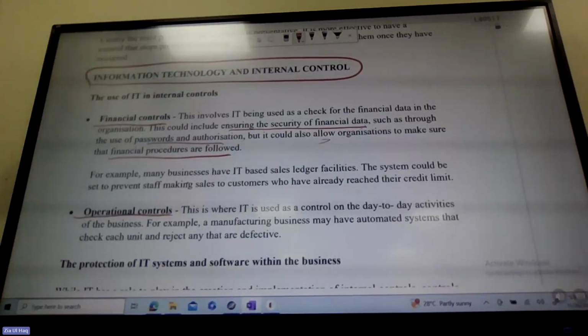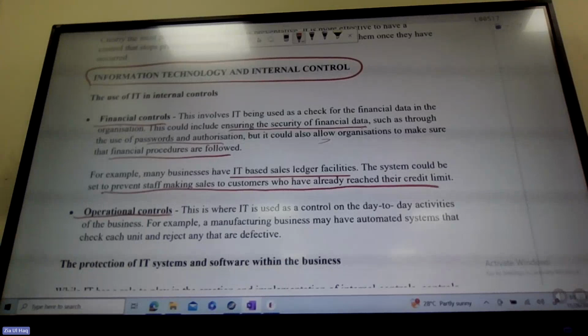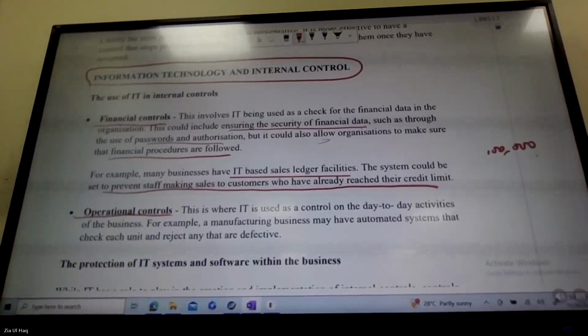But it could also allow the organization to make sure the financial procedures are followed. For example, many businesses have IT-based sales ledger facilities. The system could be set to prevent staff making sales to customers who have already reached their credit limit. Because for every customer, the organization sets a credit limit, like up to 100,000.